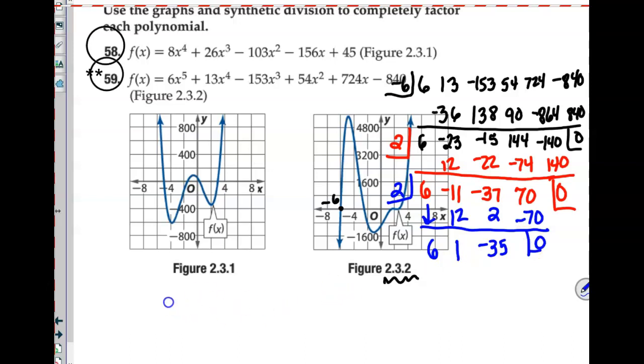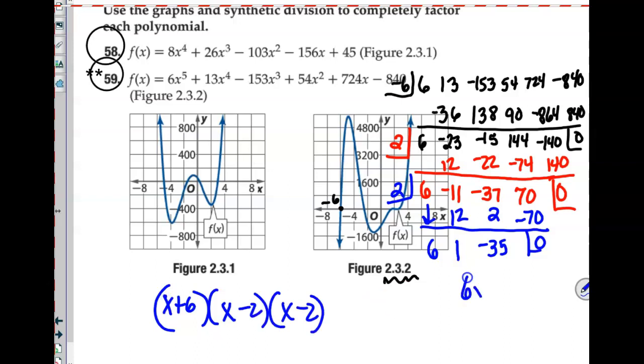Okay, so at the moment I have x plus 6, x minus 2, and another x minus 2. And now I have left 6x squared plus x minus 35. And we're supposed to figure out how to factor that. I think it's going to factor with another x minus 2 and a 6x. No, it won't. X minus 2 won't work. It's made me 35. Man, guys, help.